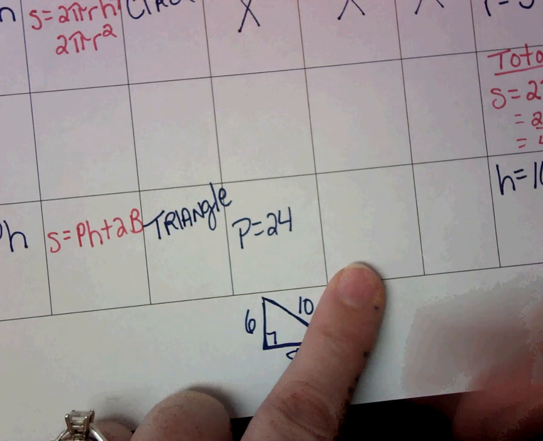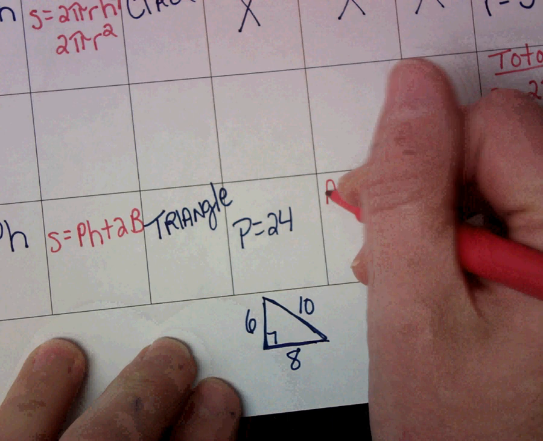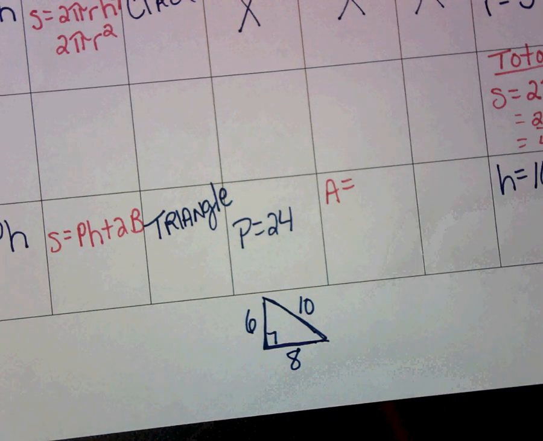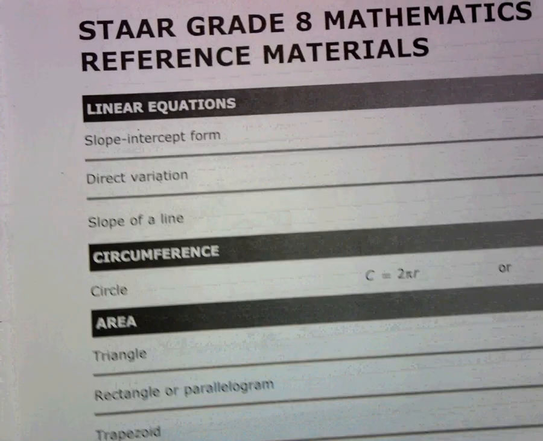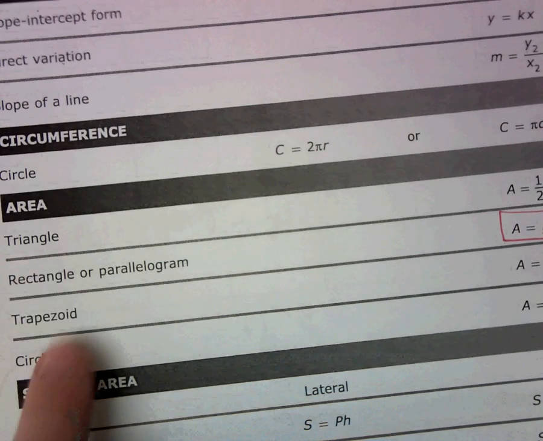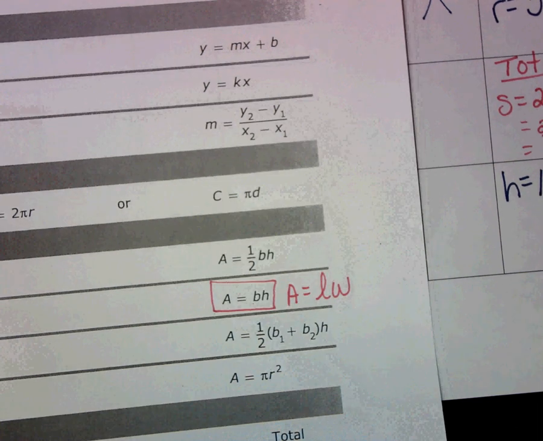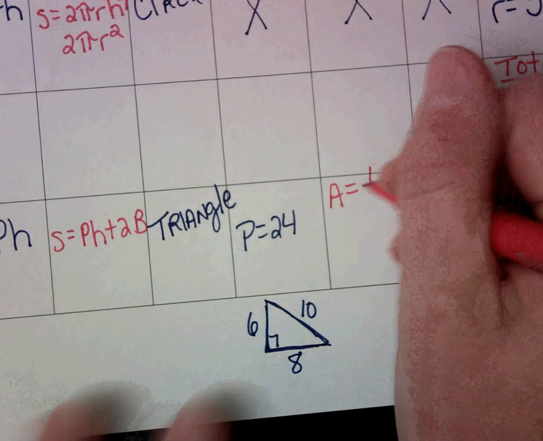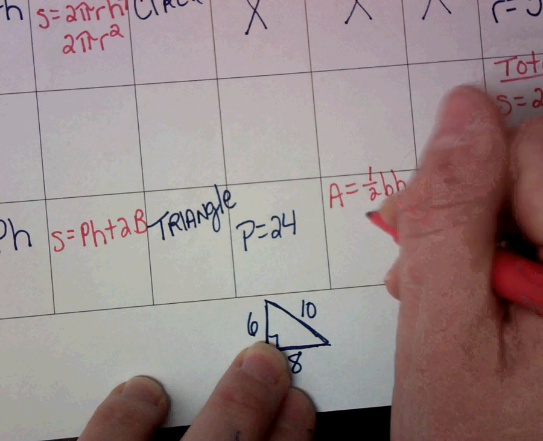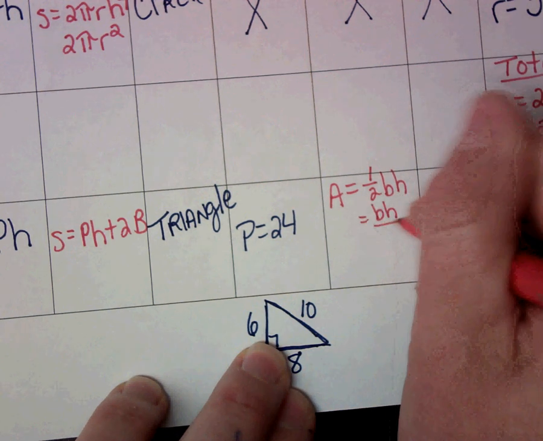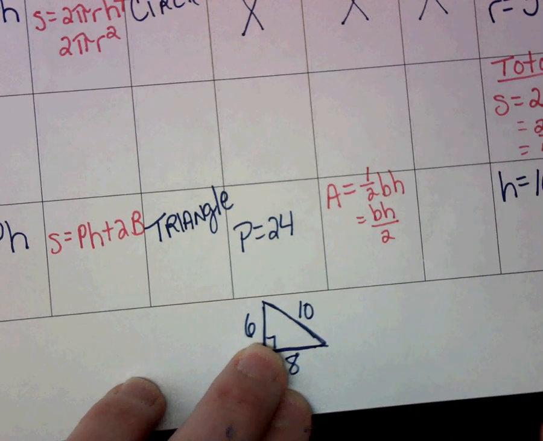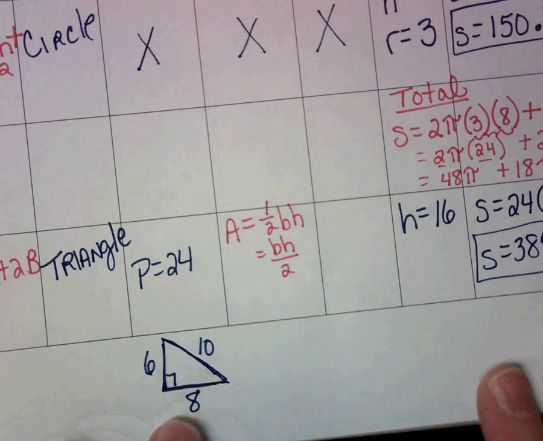The area formula for the base. So now we're talking triangle. So look at your triangle. Area of a triangle. It says 1/2 base times height. 1/2 base times height. Or you could also say base times height divided by 2. Either way would work.